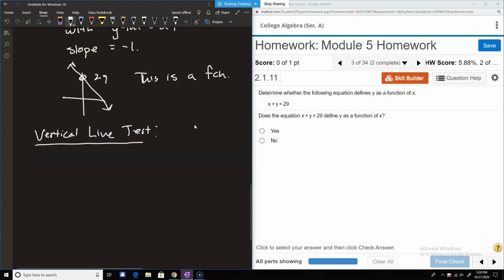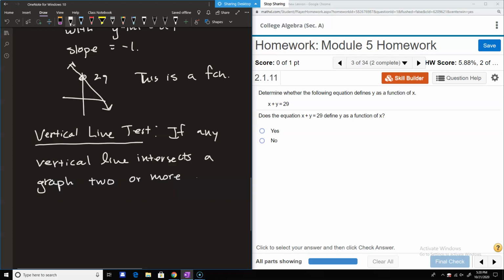If a vertical line intersects, let's say if any vertical line, because that makes it even more clear, intersects a graph 2 or more times, that graph is not the graph of a function.